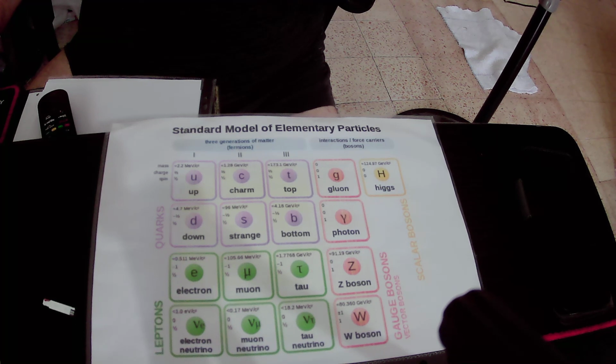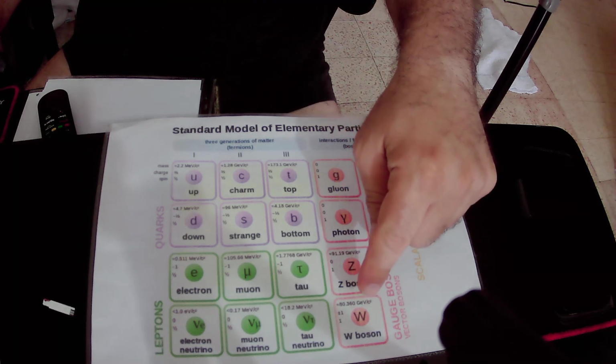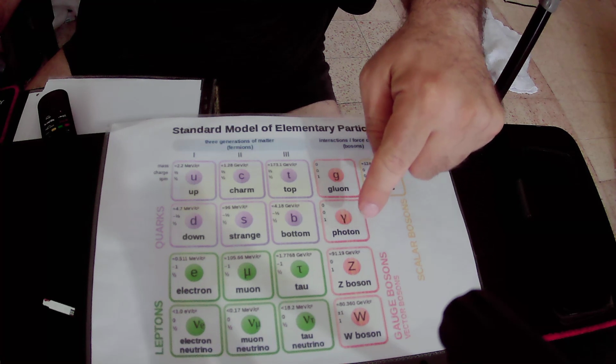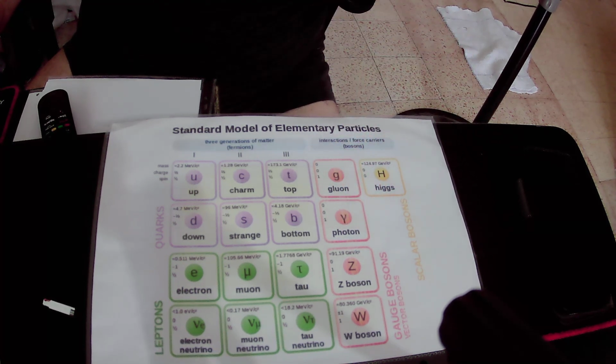Boson or bosons are force-carrying particles whose spin is an integer, unlike fermions. So we have here 4 bosons that are actually force-carrying particles.